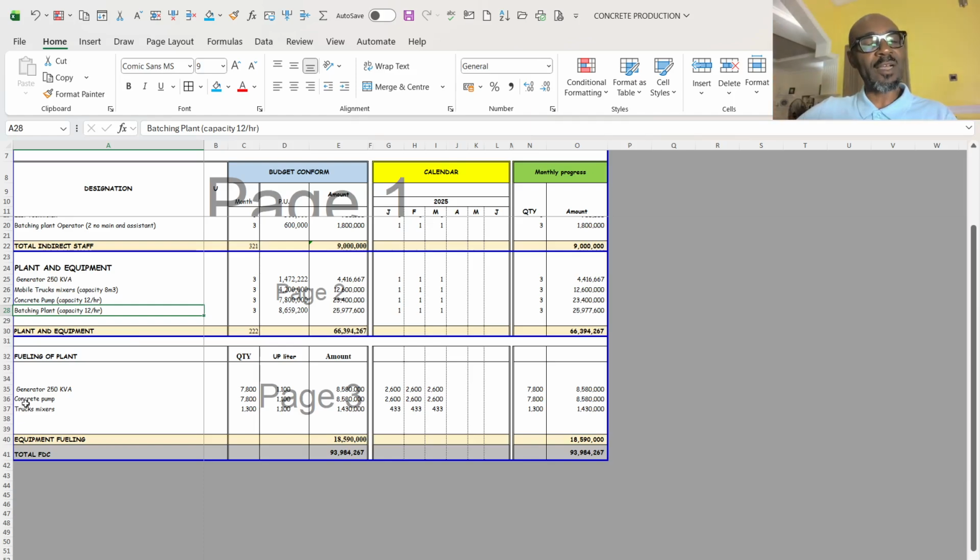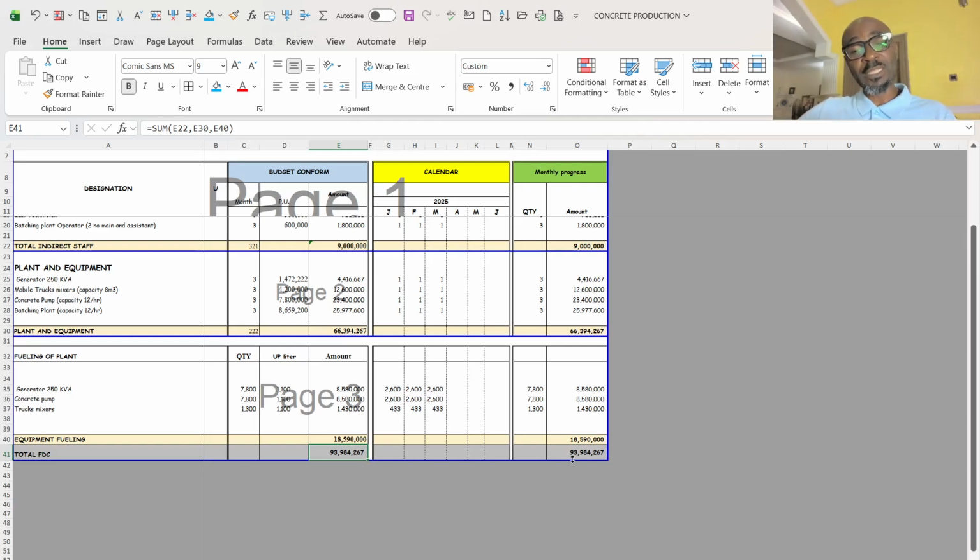Of course, you're going to fuel those movable trucks, the generator, the concrete pump and the mixer. These are the total liters they will need for those 3 months, and the cost of the diesel is 1,100 naira per liter.